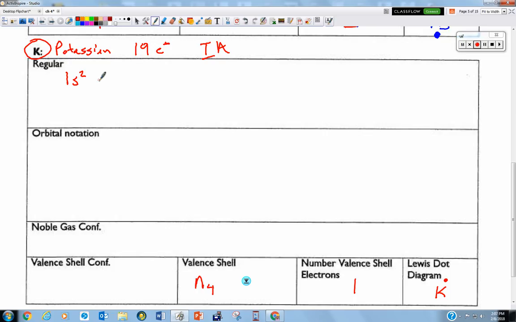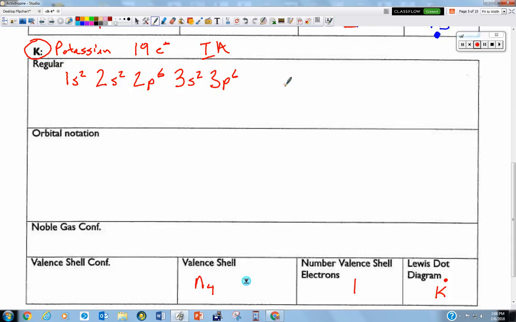So going a little further on row 2, does potassium move all the way across row 2? Yes. So we have 2s2, 2p6. And then we look at row 3. Yes, we complete row 3, so 3s2, 3p6.